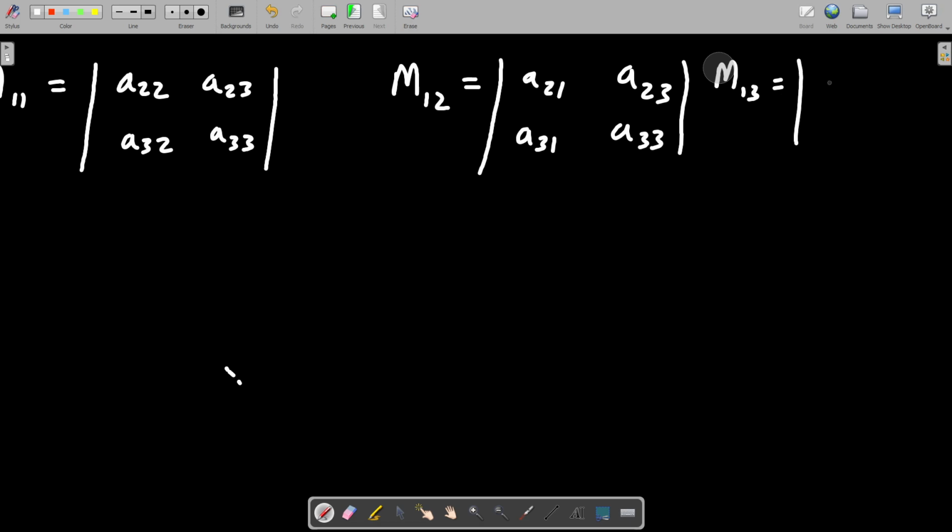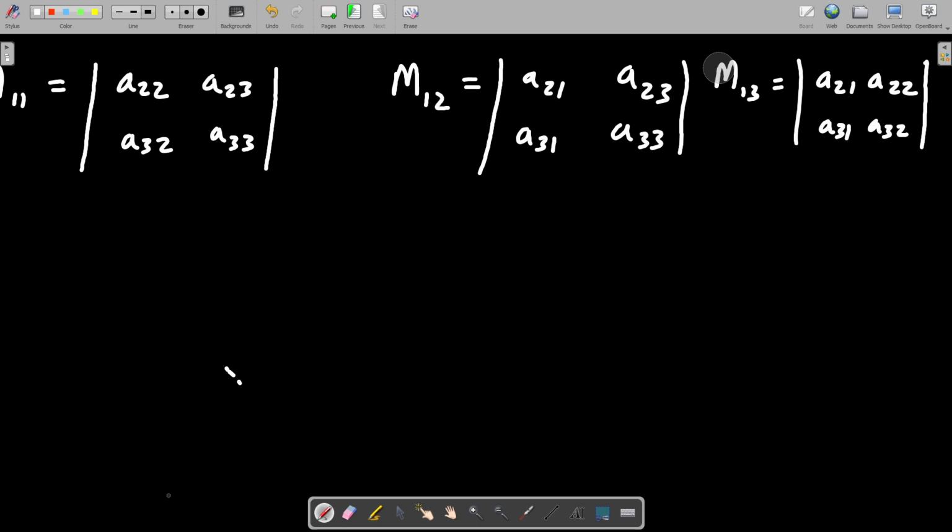First row and third column I'll have to delete, right? So this is going to become A21, A22 will remain, A31, A32. Okay? This determinant we'll have to compute after some time. Now I'm just giving you the formula. So computation I'll do after some time. Okay?